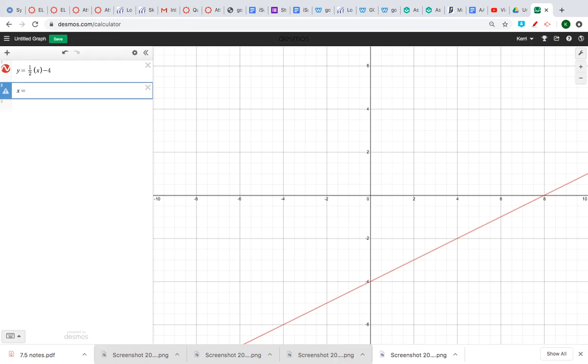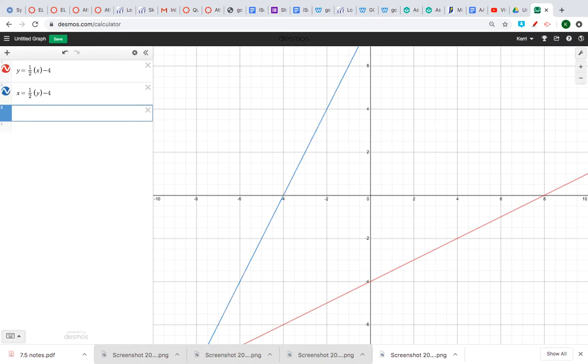So x equals 1/2 of y minus 4. Now, what ends up really happening, besides us swapping the x and the y values, is we're technically reflecting this line.